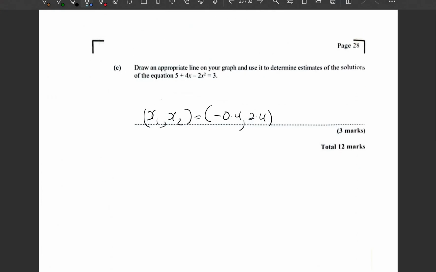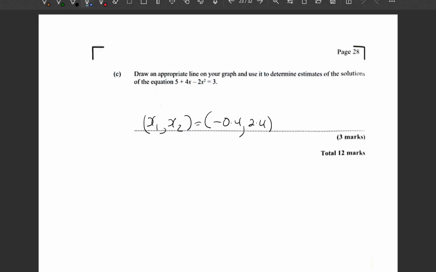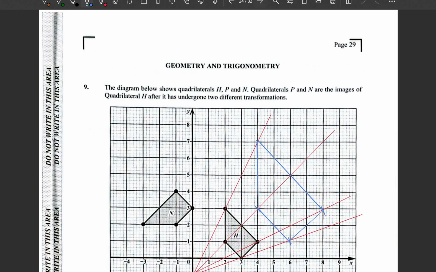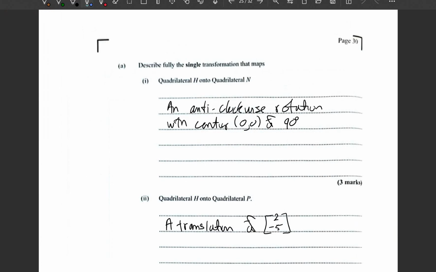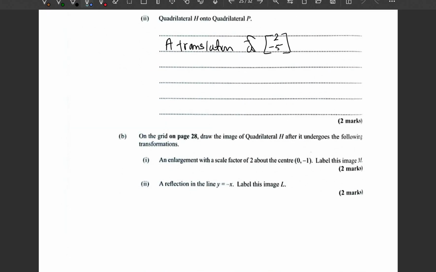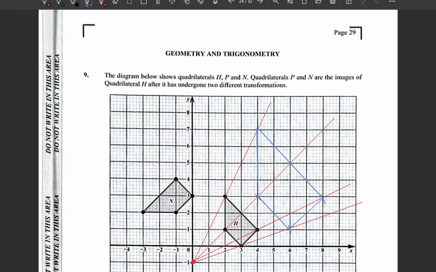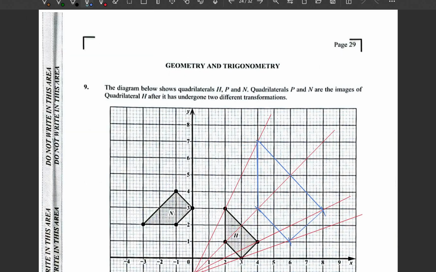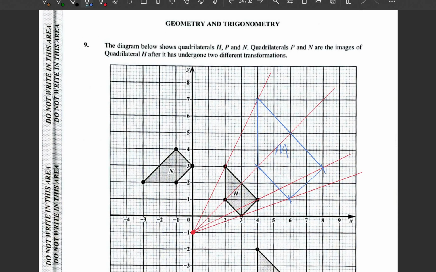We were required to name the image M. So this blue shape here would be our image M. It has a scale factor of 2, and we could see that in the lengths of the sides. This length here was 2, this length is 1, 2, 3, 4. The base here was 1, the base here is now 2, and so on and so forth.